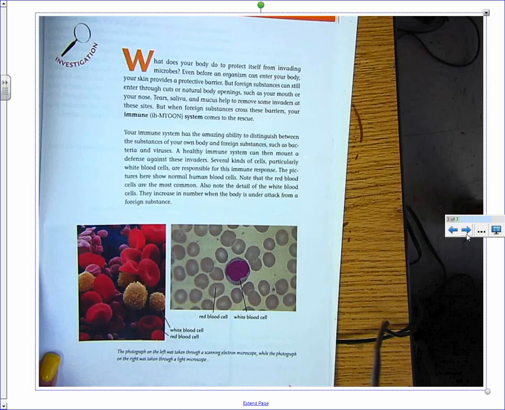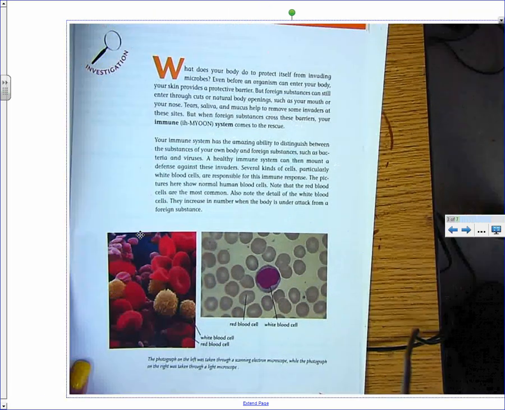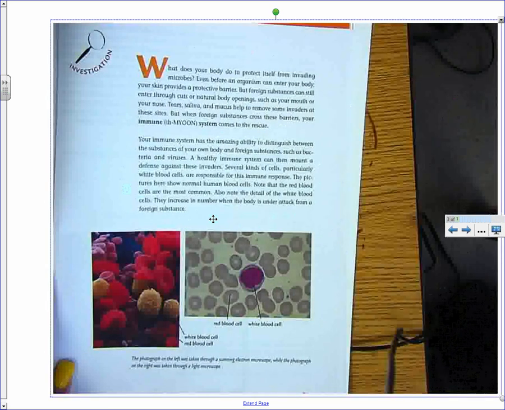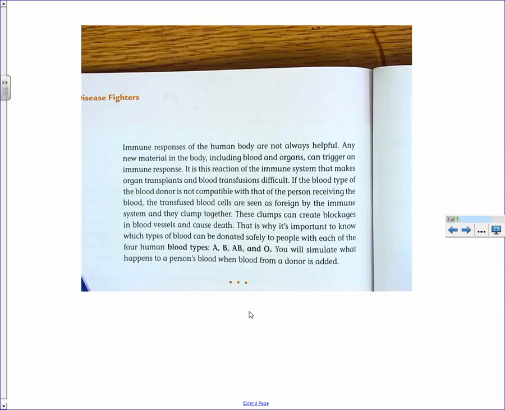This is page C77. Again, pause the video so that you can read it. This is C78. Pause the video so that you can read it.